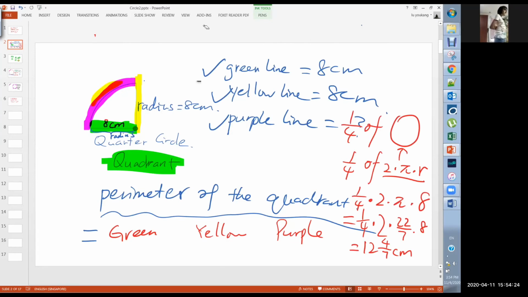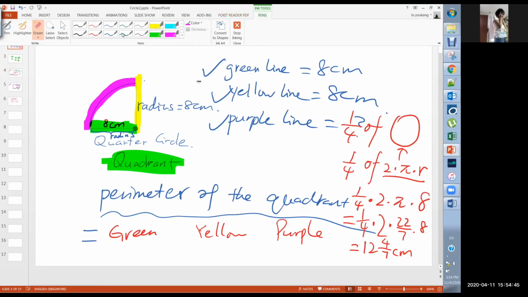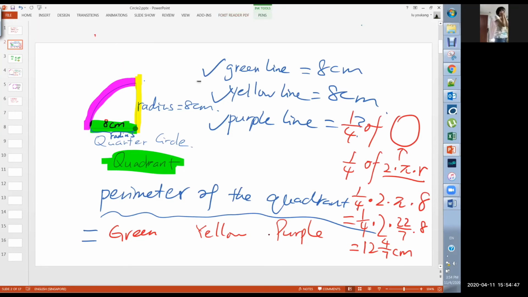So now, what operation do you need to find the perimeter then? Times. So you are saying you need to use the green one times the yellow one times the purple one, is it?